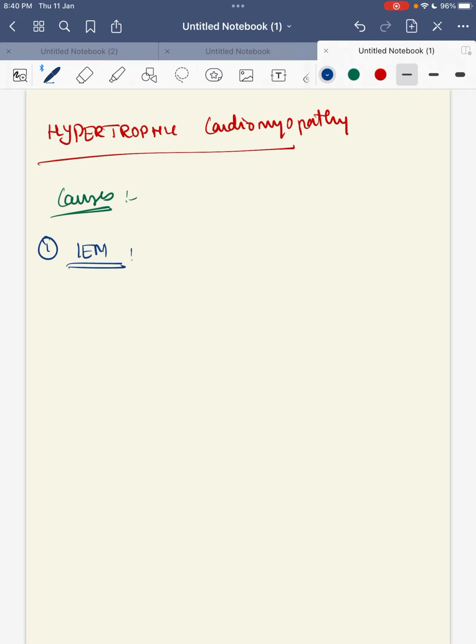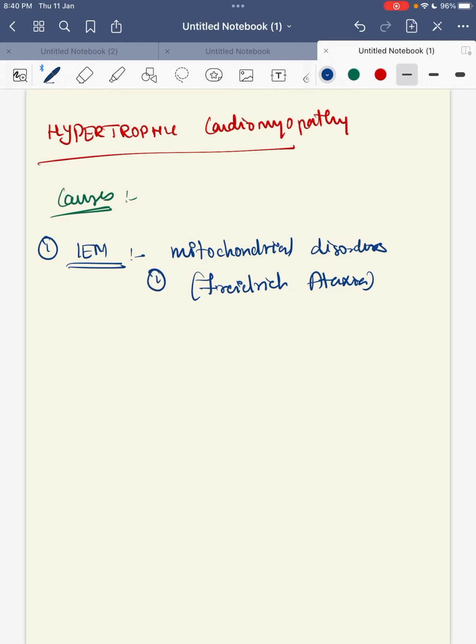So going off with its causes, starting off with the inborn errors of metabolism. Among inborn errors of metabolism, we have mitochondrial disorders. In mitochondrial disorders, Friedreich ataxia can present with hypertrophic obstructive cardiomyopathy, and storage disorders.